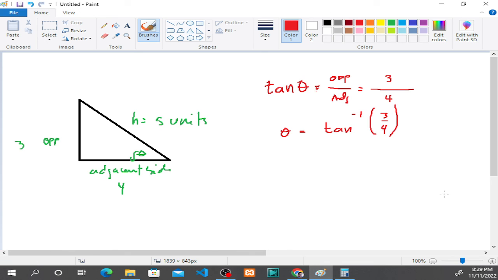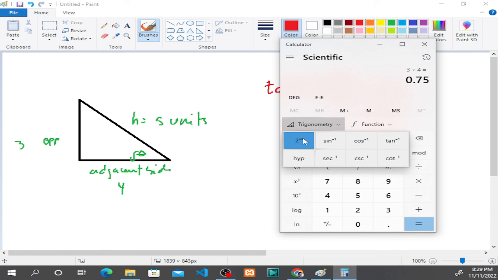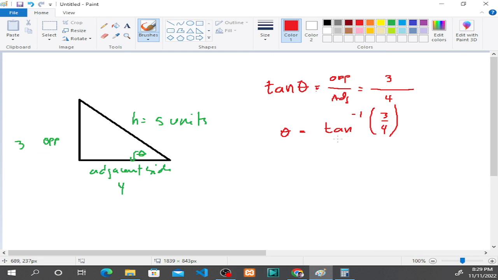Let's use the calculator again to see whether we have the same value. 3 divided by 4 is 0.75, and then second function of the tangent, so that's 36.86.